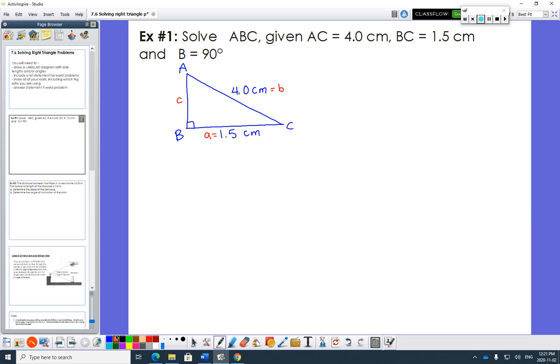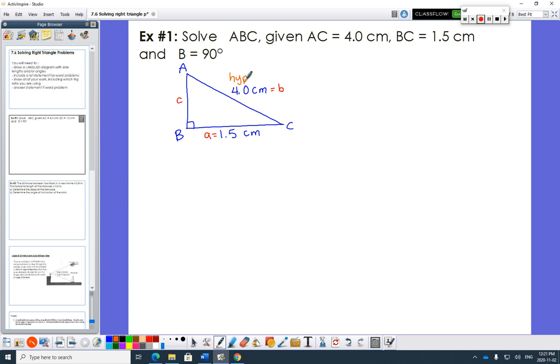So side B, or 4 centimeters, no matter what angle we're talking about, what is that? Hypotenuse. So you can call that the hype. So side A, or 1.5 centimeters, could be the adjacent side to angle C, or it could be the opposite side to angle A. So it actually doesn't matter.